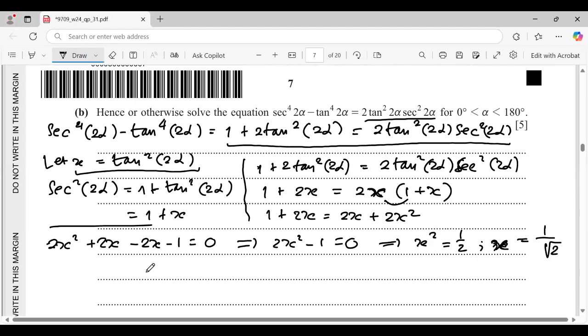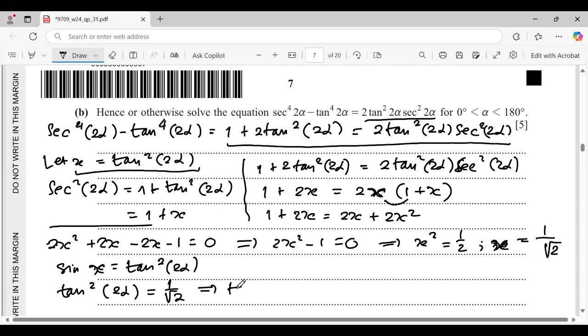That is x. Since x equals tangent squared 2 alpha, it means tangent squared 2 alpha equals 1 over square root 2.